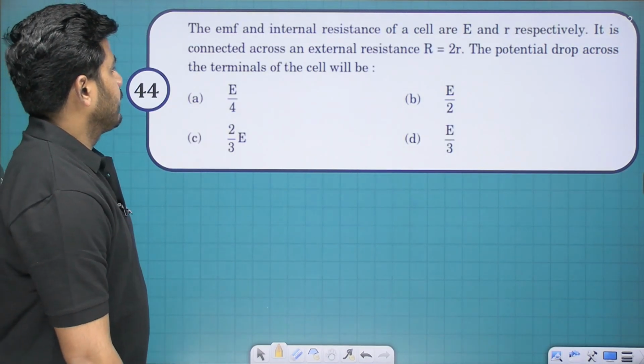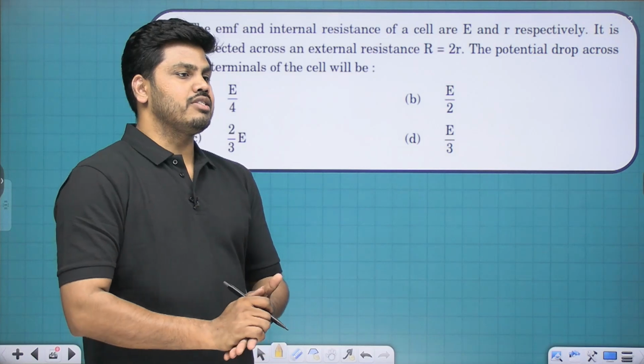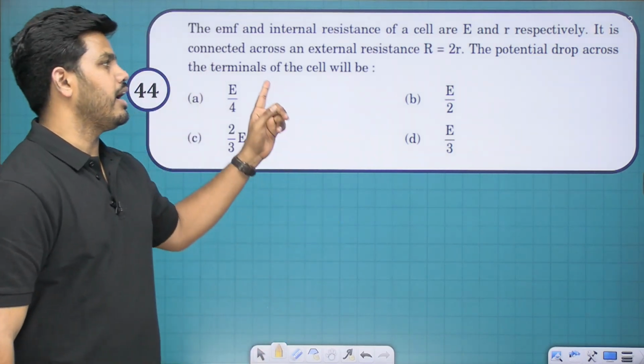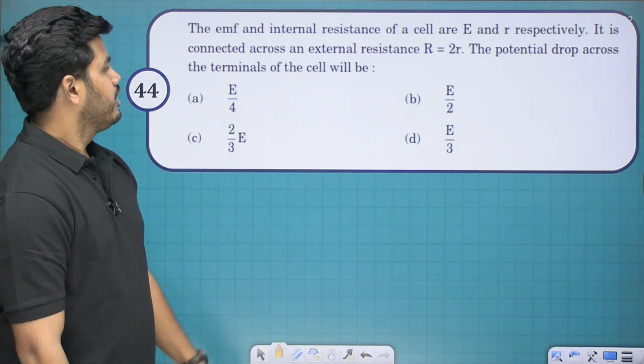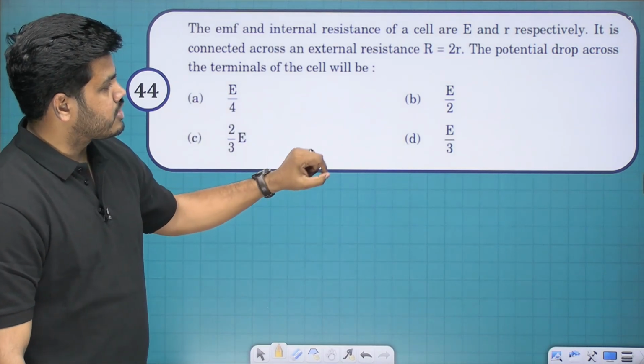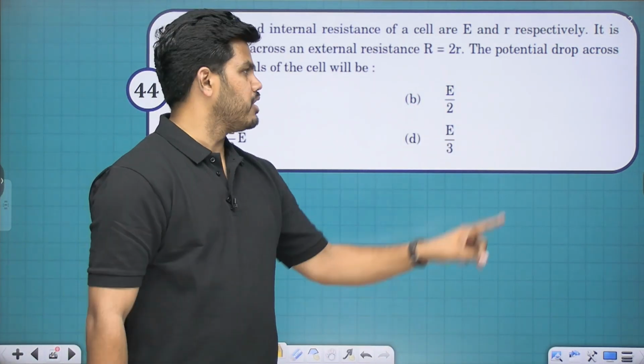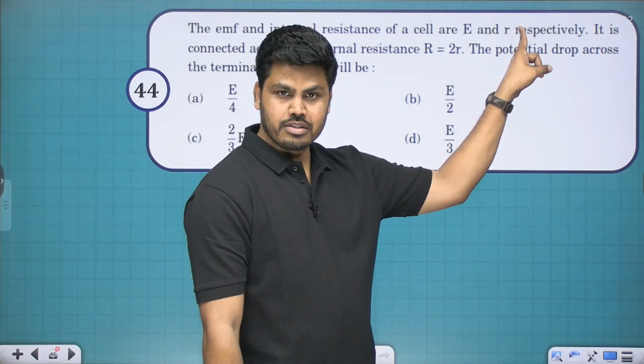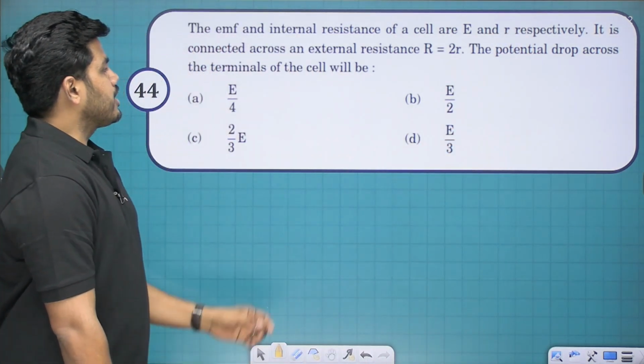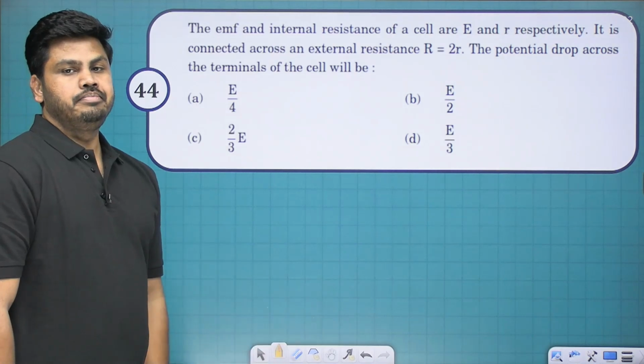44. The EMF and internal resistance of the cell are E and r respectively. It is connected across an external resistance R equal to 2 times r. It means 2 times internal resistance, because internal resistance was just r before. Potential drop across the terminals of the cell.